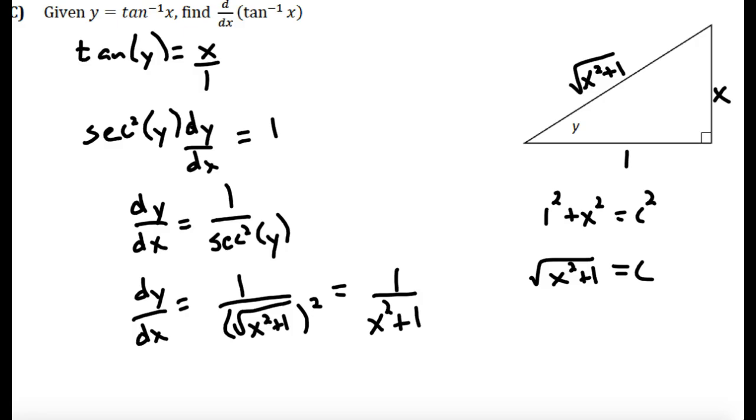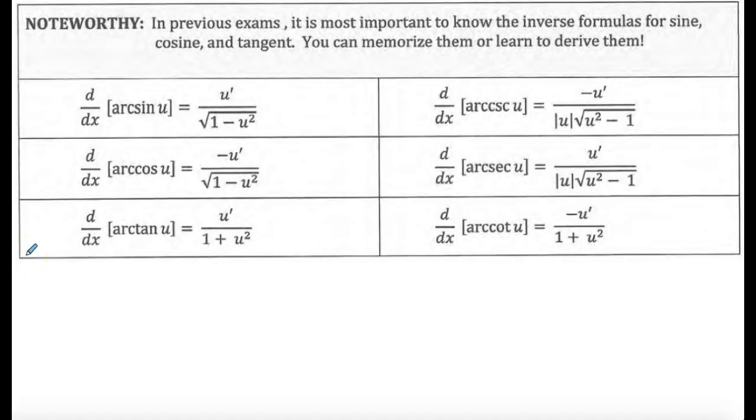Now, here is just a list of the 6 inverse trig derivatives. I'm sure you've seen this before, but arc sine means the exact same thing as inverse sine. Same with the rest of these. Arc cosine means the same thing as inverse cosine. It's just different notation that means the exact same thing.